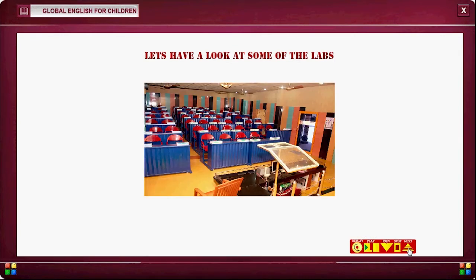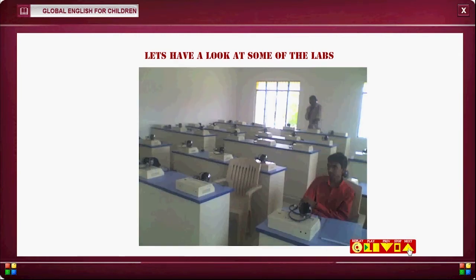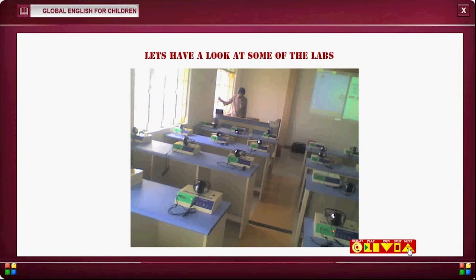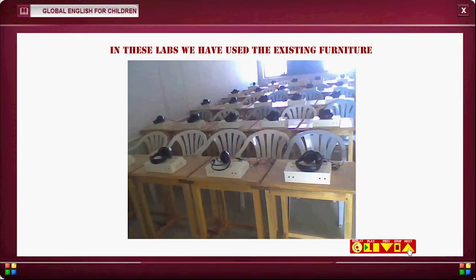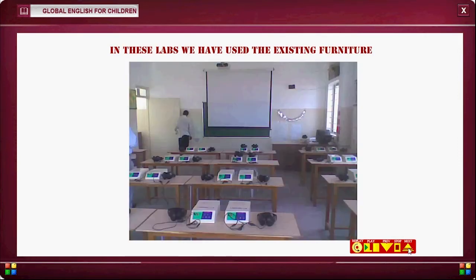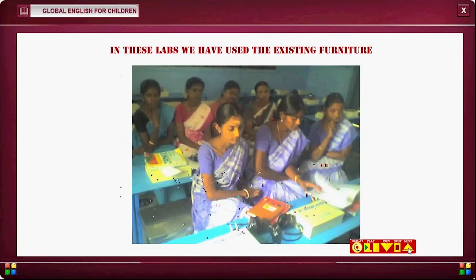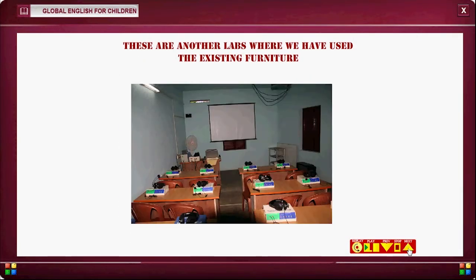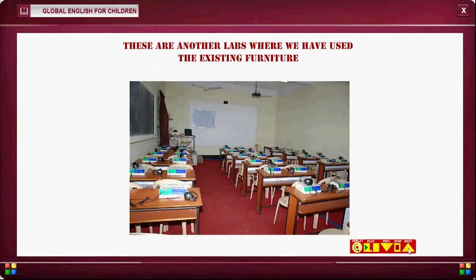This is a new lab they have made for this purpose, where the furniture used is custom built. This is another lab. You have seen various types of language labs, presented in infrastructures of their choice.